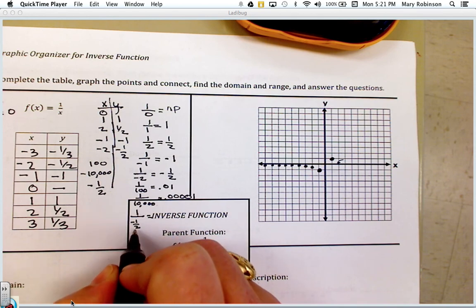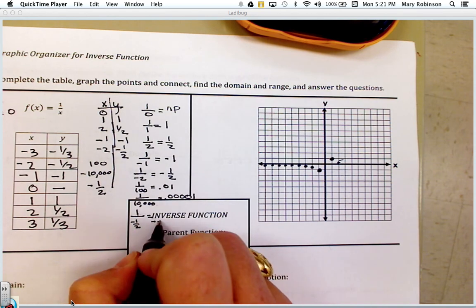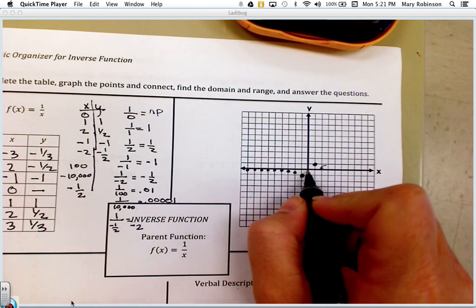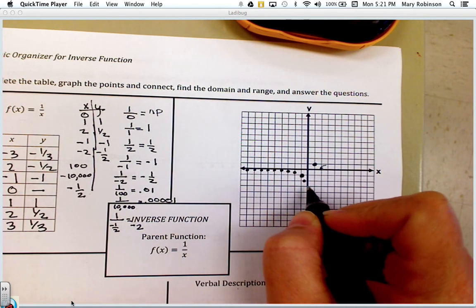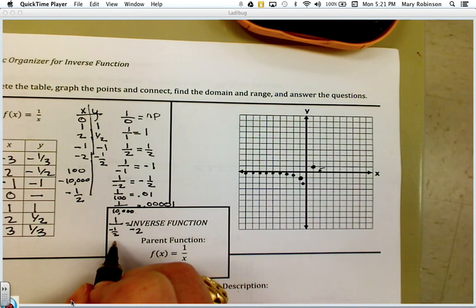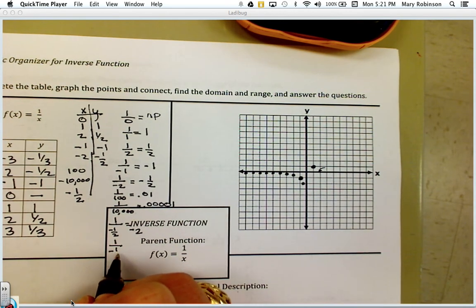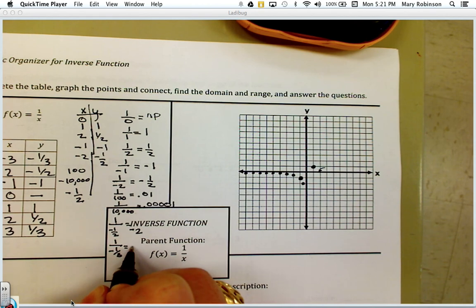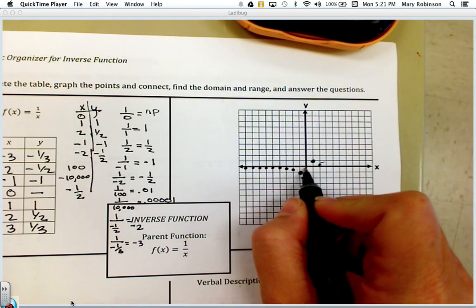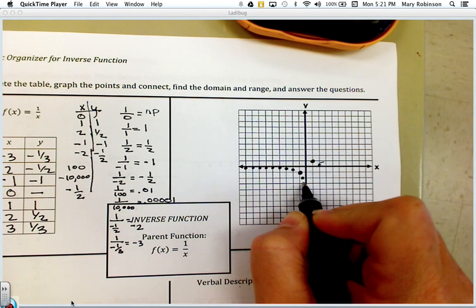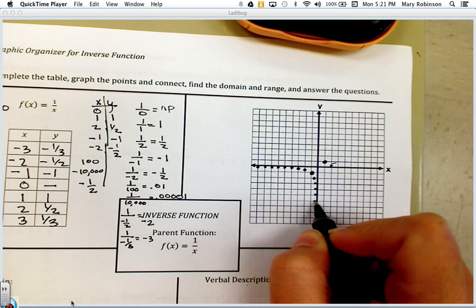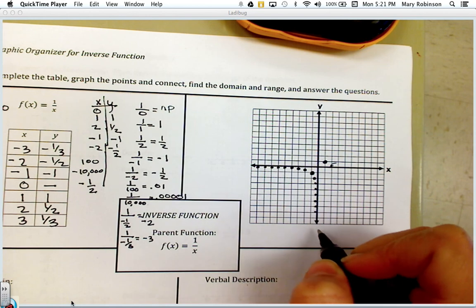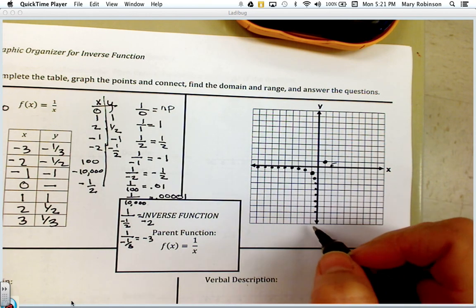Think a dollar divided by 50 cents. So that would actually be negative 2. So if we put in negative 1/2, we actually get a negative 2. If we put in negative 1/3, we're going to end up with negative 3. And what we see is it's actually happening in between 0 and 1, but it's approaching and getting closer to the y-axis.